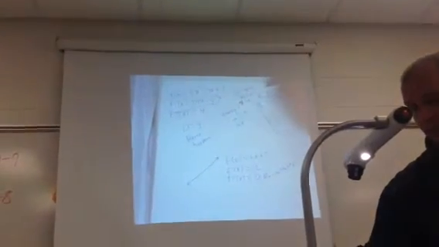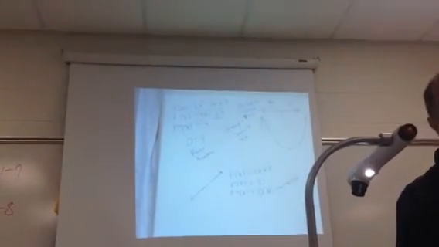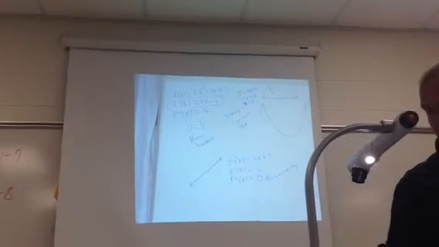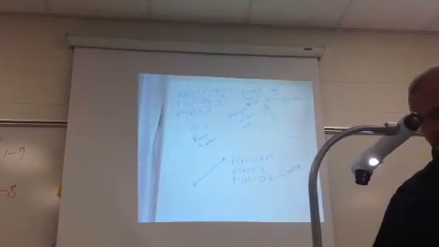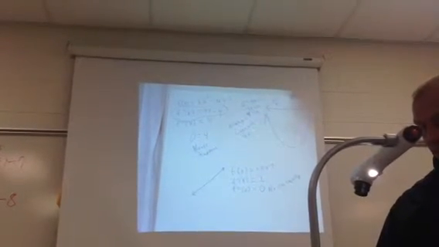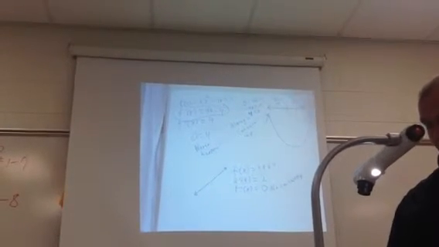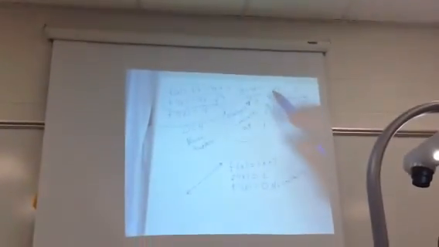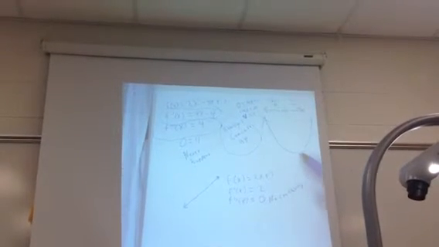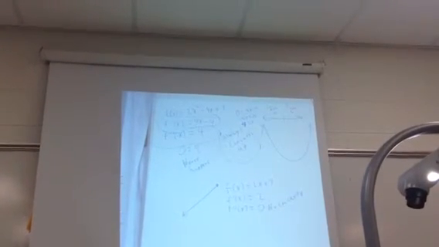Negative, right? So it's decreasing. What do we get when we plug in 2? Positive 4, so it's increasing. So here's an example where it's always concave up, but we're decreasing for a while and then increasing for the rest of it.